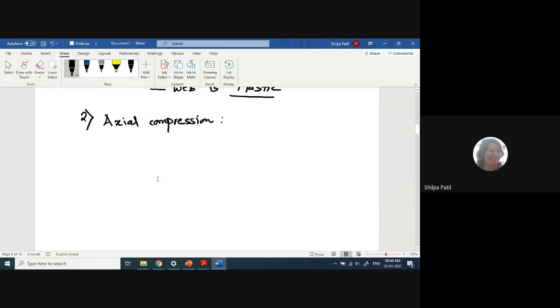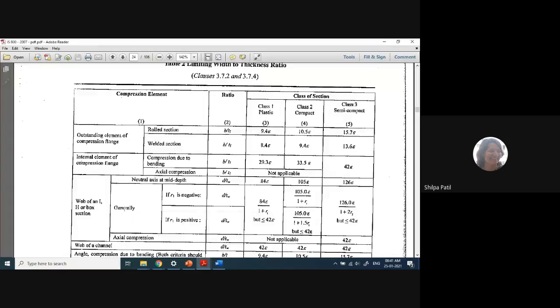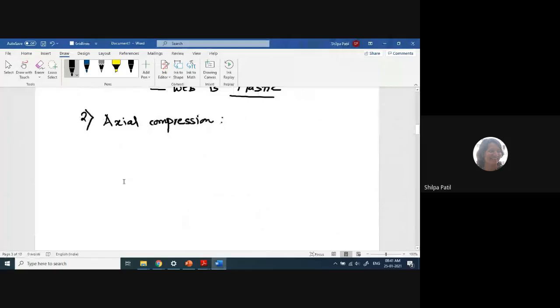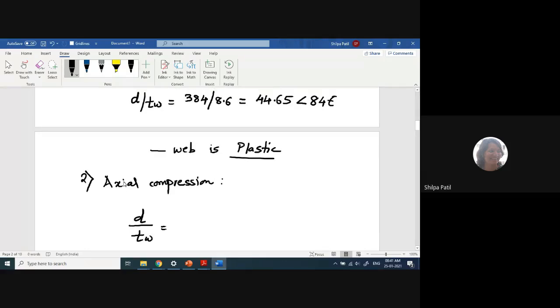So for axial compression, again, let us go to the code and check the ratio. It is again D by TW only, so your value will remain the same, D by TW, which we have already calculated, 44.65.